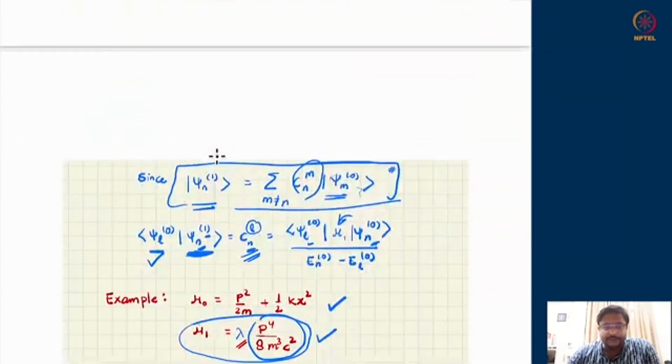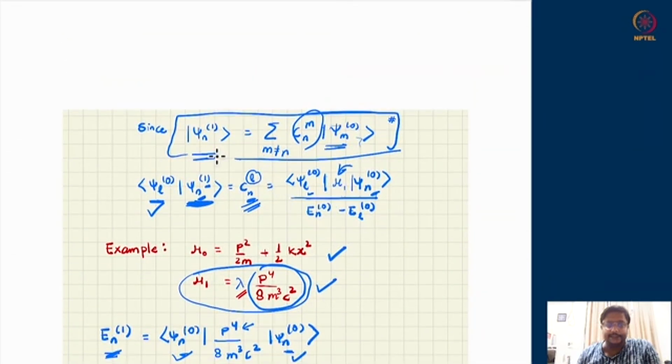Similarly, we found that the first order correction to the wave function, psi n1, is an expansion over the basis of the unperturbed Hamiltonian. Just one term is missing, which is the eigenfunction itself over which the correction is being found.